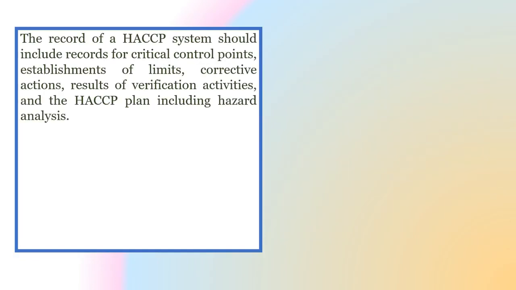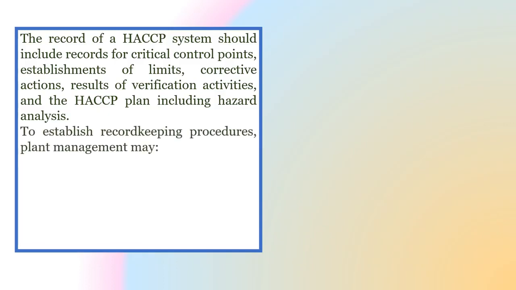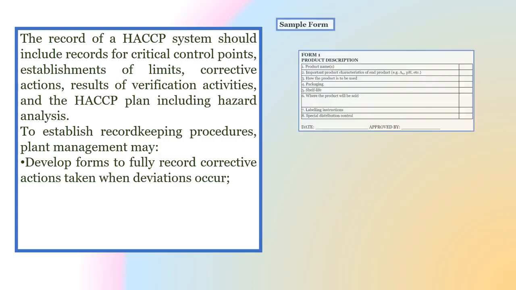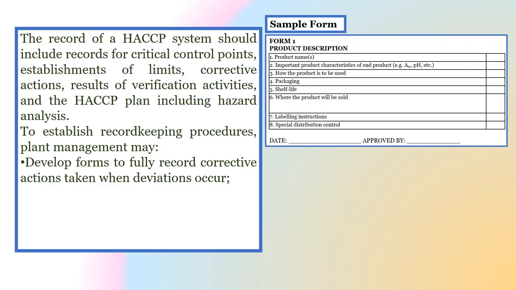So what do these records include? Records of a HACCP system include records for the critical control points, establishment of the limits, corrective actions, results of verification activities, and the HACCP plan, including hazard analysis. To establish record-keeping procedures, plant management may develop forms to fully record the corrective actions taken when deviations occur.